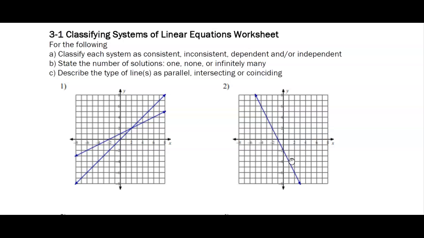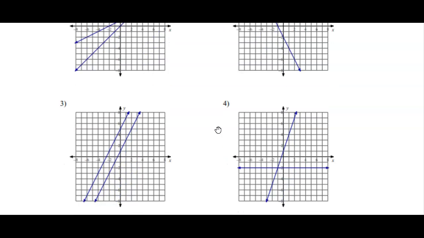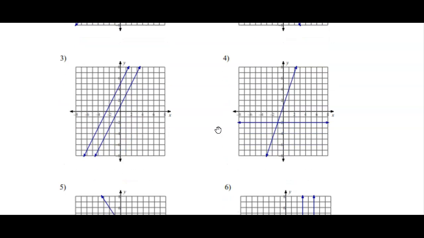Number two, we only see a single line. So that makes it dependent, infinitely many, and coinciding. Number three, your lines are parallel. So therefore it is inconsistent, no solutions, and parallel.